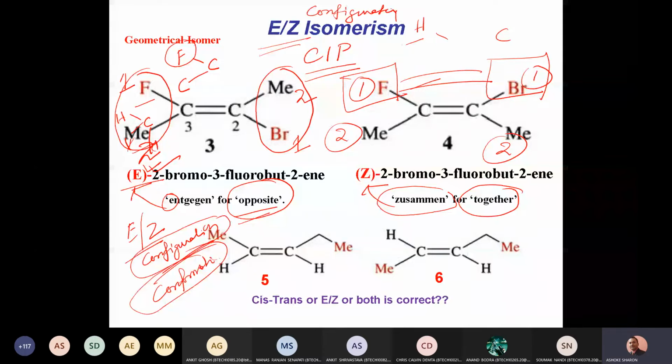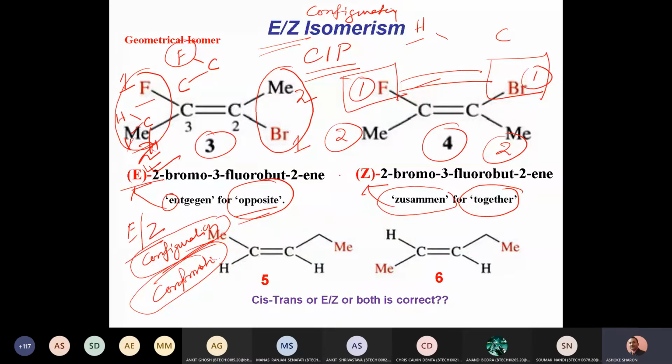Configurations cannot interchange. Conformations can. So configurations cannot change. Why? Because there is a restriction. But conformation can change. Why? Because there is a single bond, so rotation is free. When we talk about a double bond, rotation is restricted. That is the reason compound number 3 and compound number 4 cannot interconvert into each other.